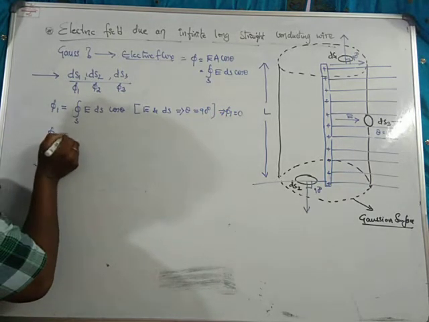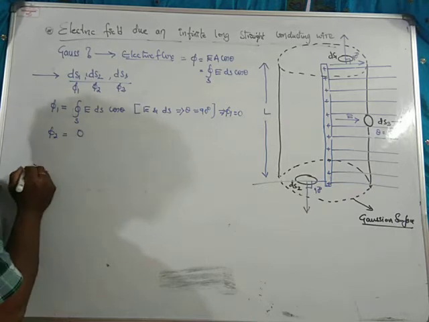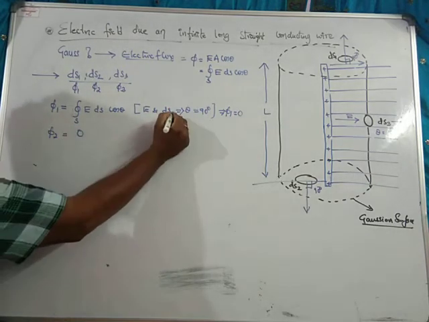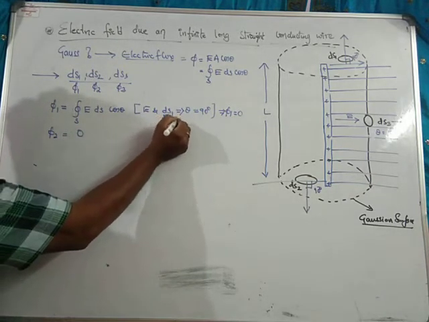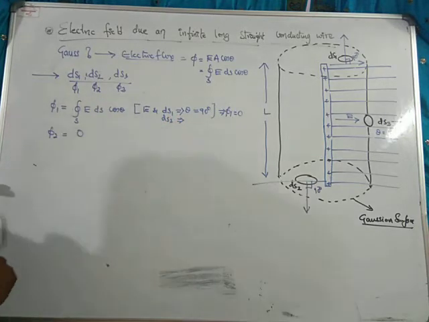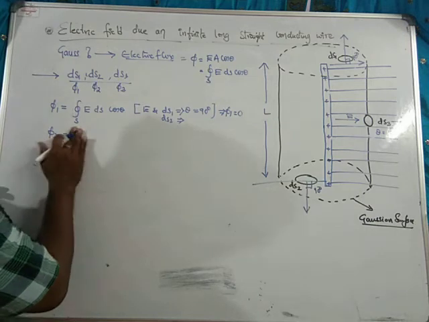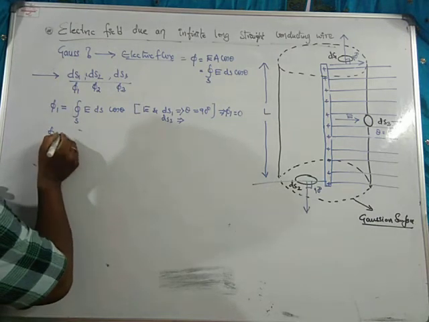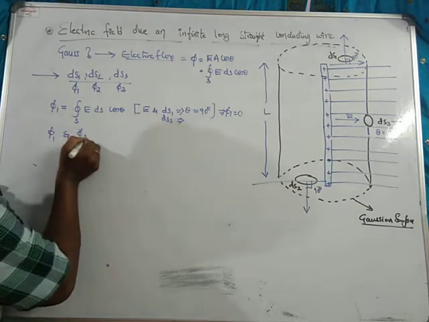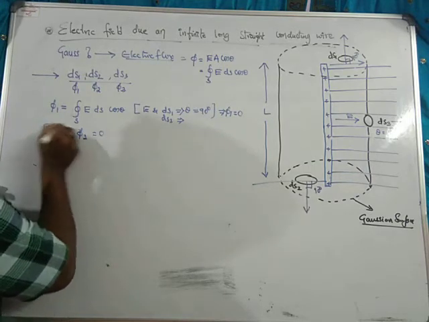Similarly, flux 2 is also 0, because E and ds2 are perpendicular to each other.